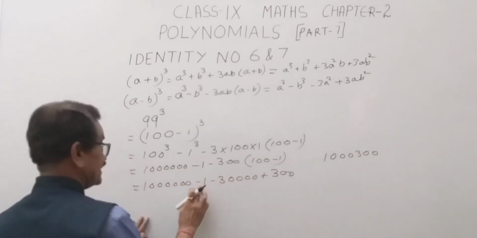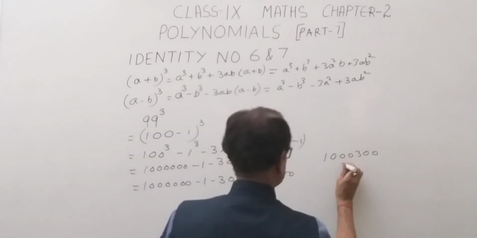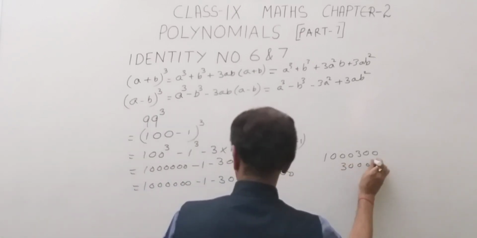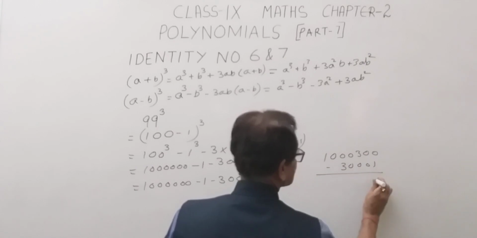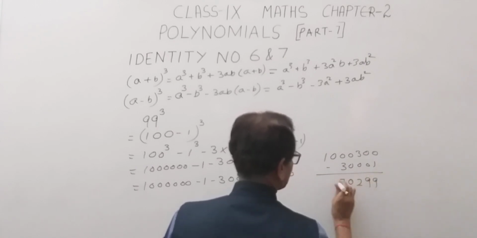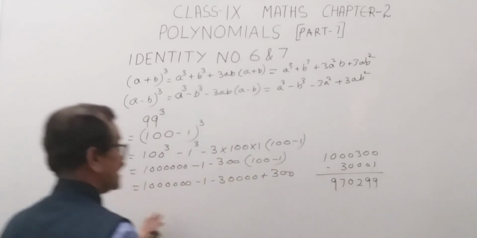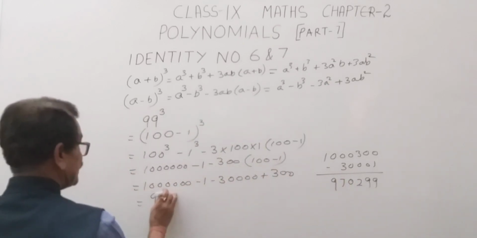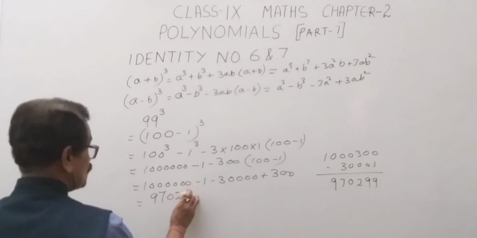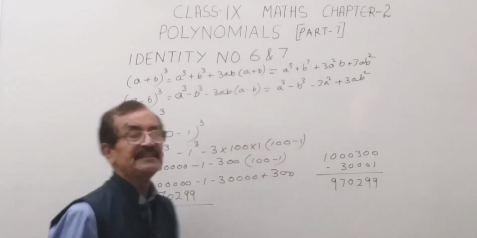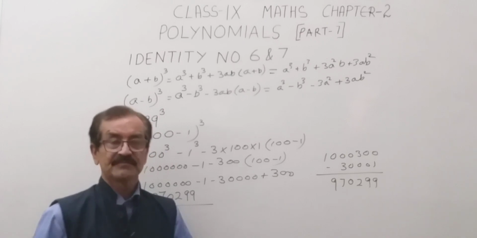And these two are the negative terms, I add them up. And then I go for subtraction, to get the answer 970,299. This is how these identities can be used. Thank you very much.